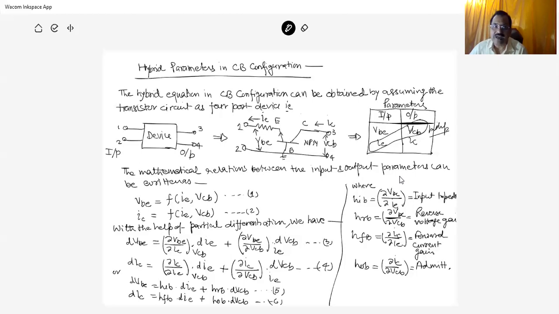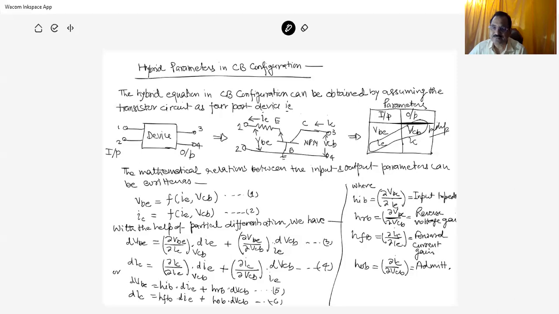These equations 3 and 4 can be written in terms of the hybrid parameter h, and these are dVBE is equal to HIB into dIE plus HRB into dVCB. This is equation 5.